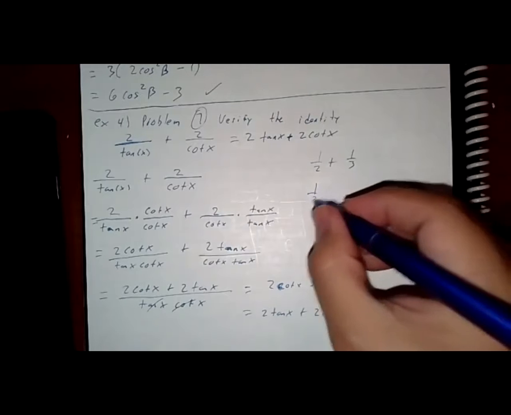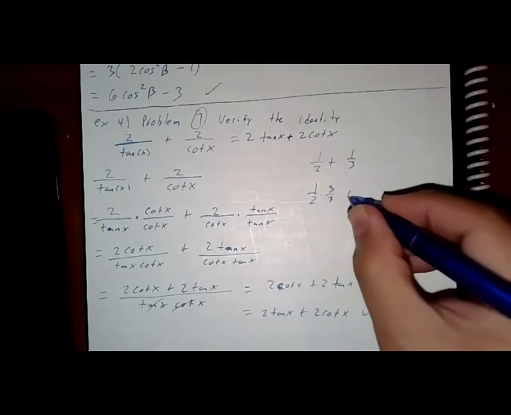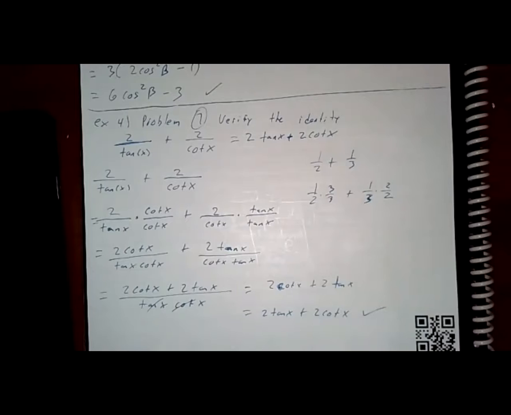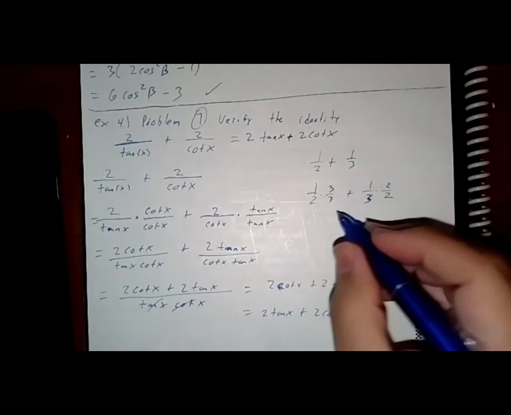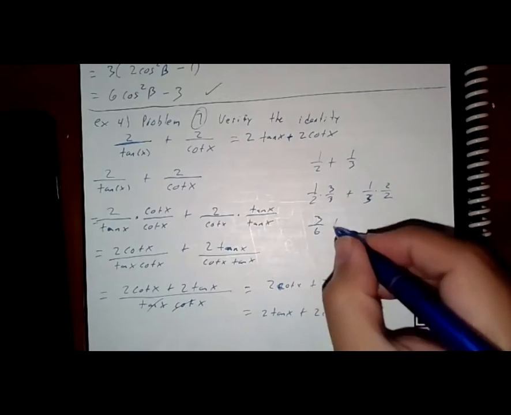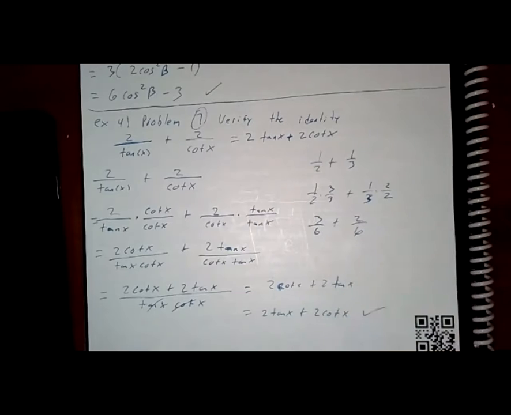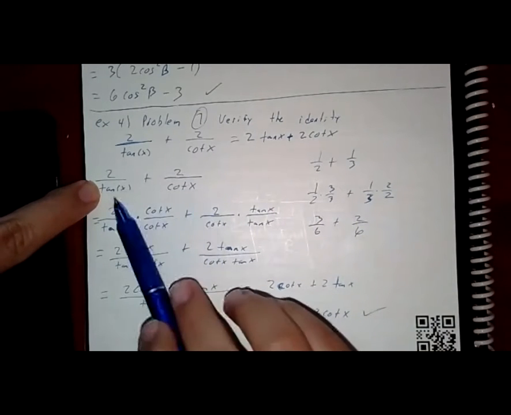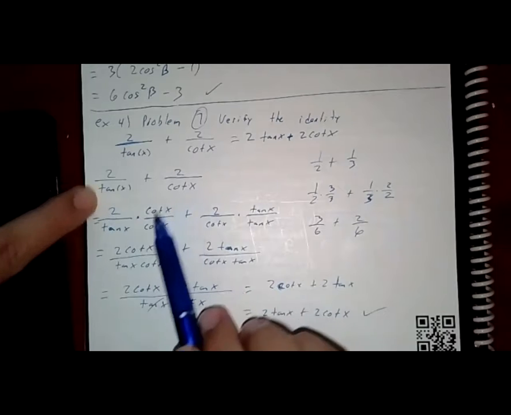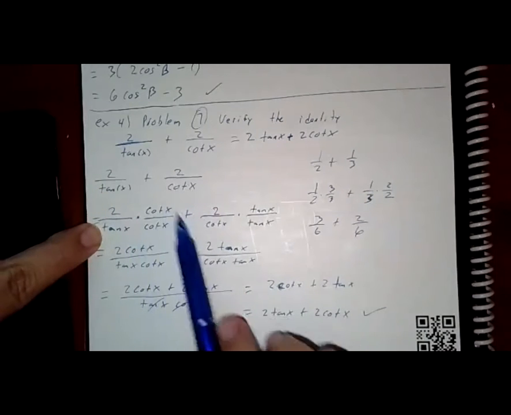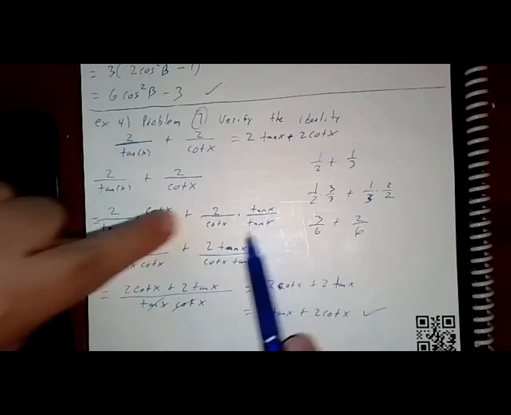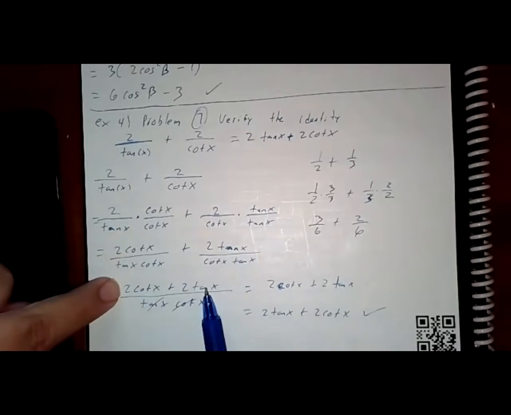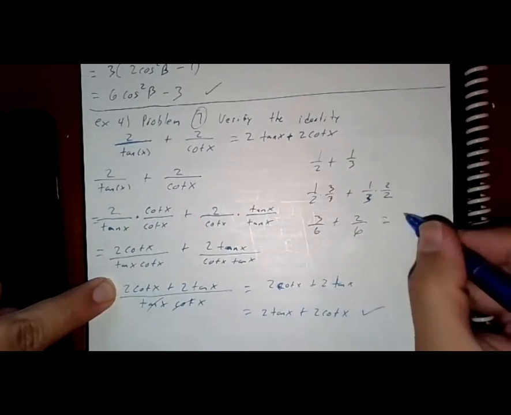So you'd say, well, this one needs a 3 and this one needs a 2. So you get 3 over 6 plus 2 over 6. So I looked at these and said, well, the LCD will simply be tan times cotan. So this one needs a cotan. This needs a tan. Now they have the common denominators, which means you can add the top. Just like this would be 5 over 6.